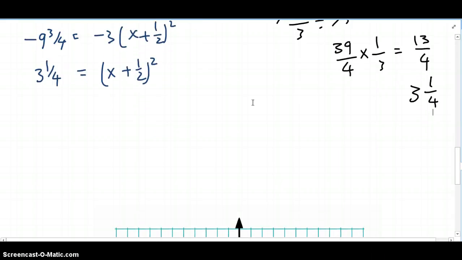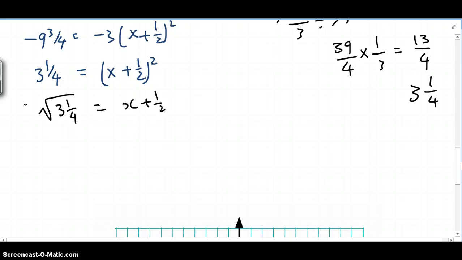So from here, we're nearly finished. Take the square root of both sides, so this becomes the square root of 3 and 1/4 is equal to x plus a half, but don't forget you need to take the plus and minus component whenever you take a square root. From here, we subtract the half, so this becomes plus or minus the square root of 3 and 1/4, minus 1/2 equals x.